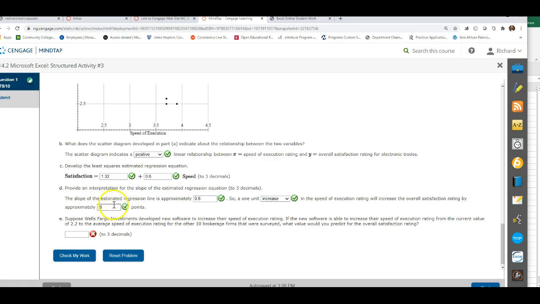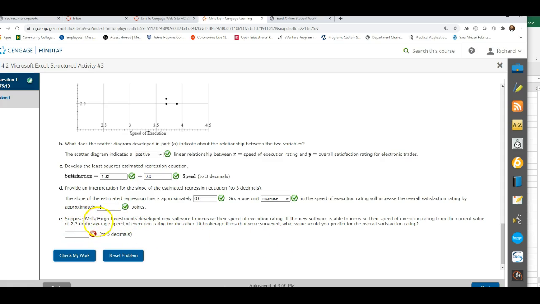What this means is the slope of the line is approximately 0.6. So for every 1 unit increase in the speed of execution, the overall satisfaction rating will increase by approximately 0.6 points. Now, for this last problem, it's kind of odd as to what they're asking for.